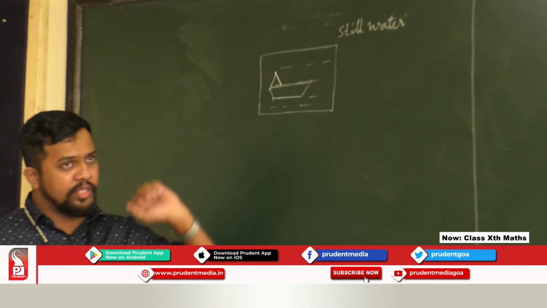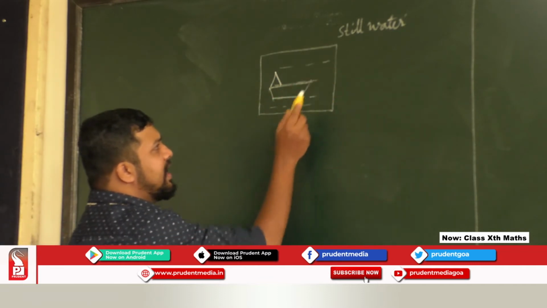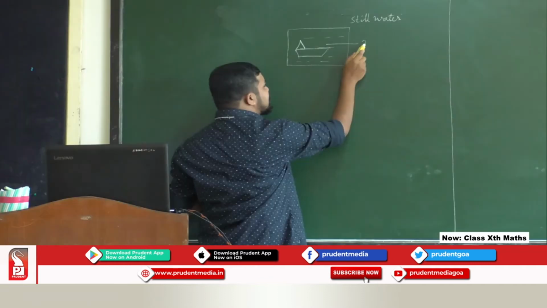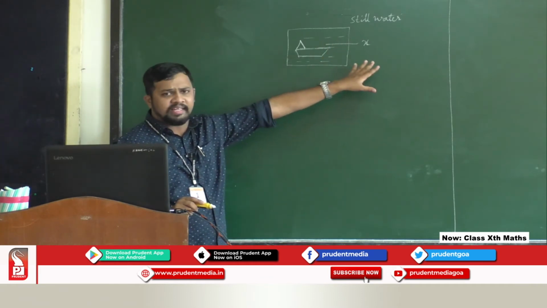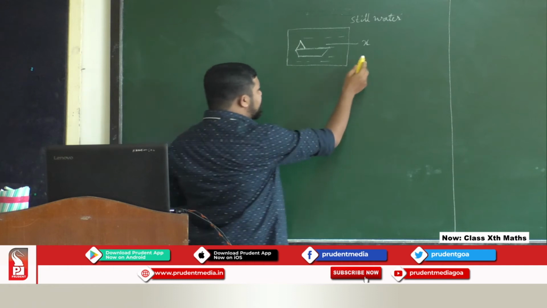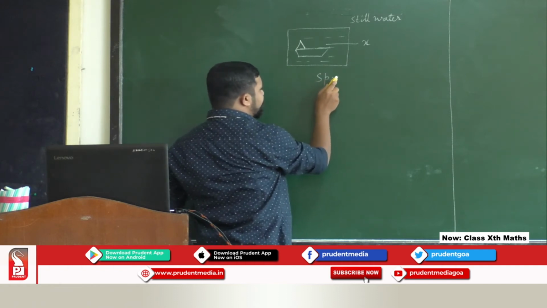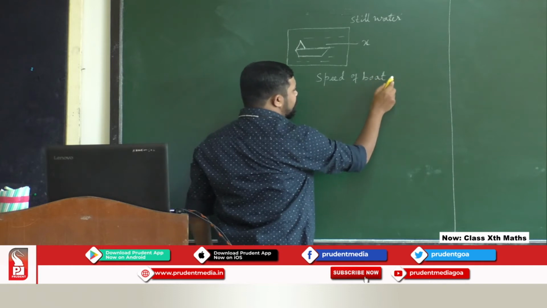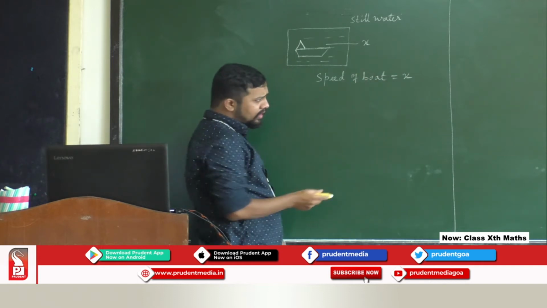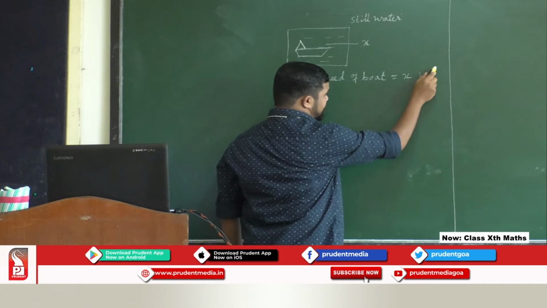When the boat is moving, it will move with one speed. Let us say the speed of that boat is x, because we mostly use the letter x. That is nothing but the speed of that boat, maybe x kilometer per hour.